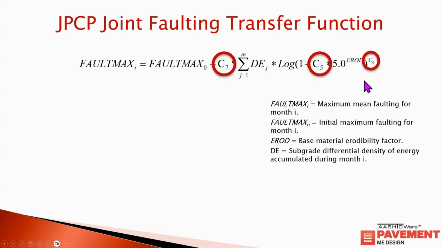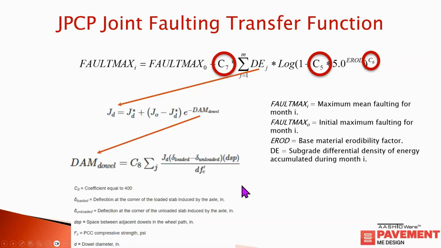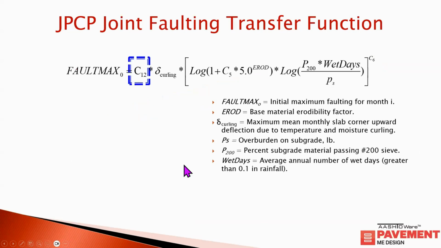And within that, there's going to be the C5, C6, C7 coefficient function, which includes the subgrade differential density of energy, which is derivative of a model that includes damage to the dowel. And that equation actually has the C8 coefficient.